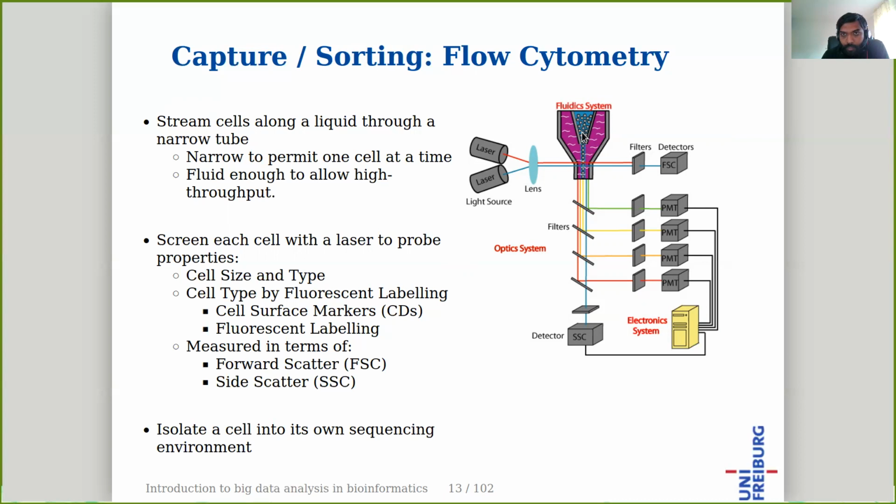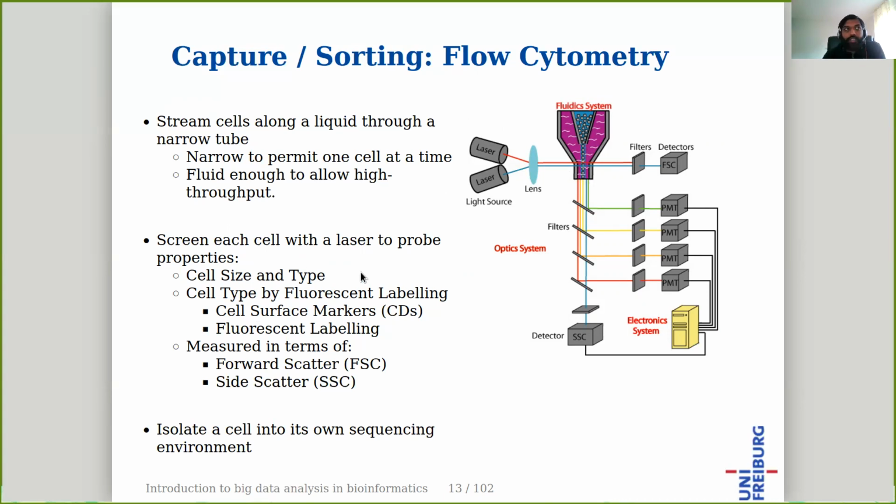But when they are passing through, flow cytometry uses lasers to probe some properties of the cells, such as cell size and cell type. We can also use fluorescent labeling, fluorescent markers attached to the surface of the cells, which illuminate at different frequencies of light.